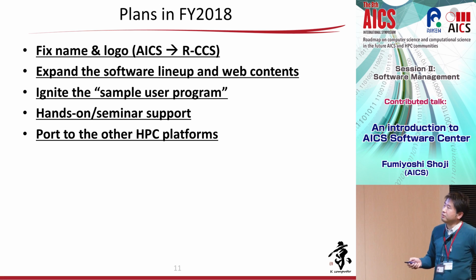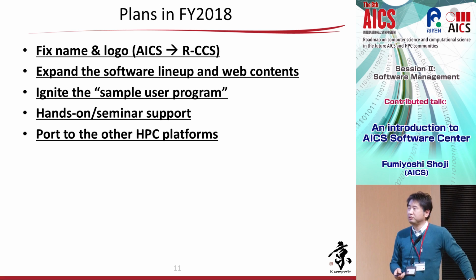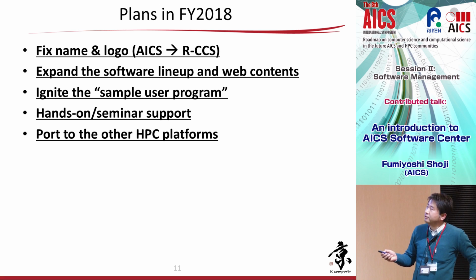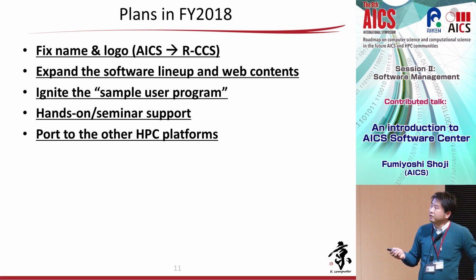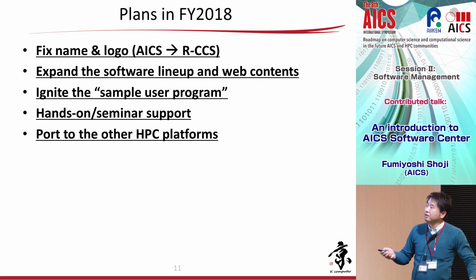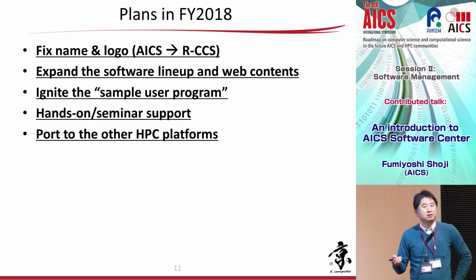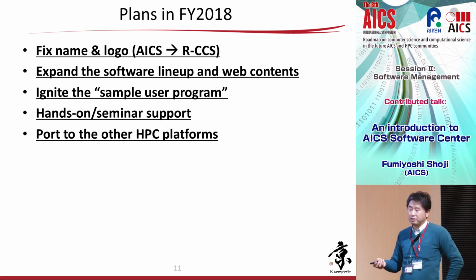The other items are essentially continuous actions of this year. First, expand the software lineup and the web contents. We want to ignite the sample user program, and we want to rotate the PDCA cycle. We also consider hands-on seminar support, and porting our software to other HPC platforms.